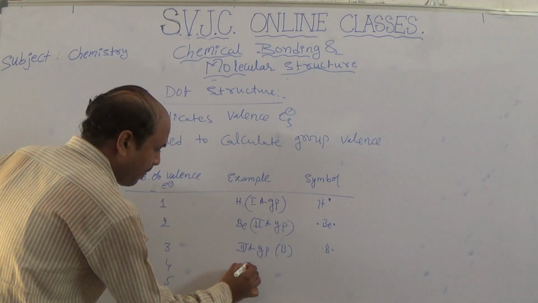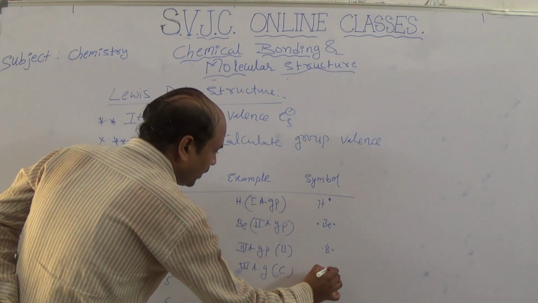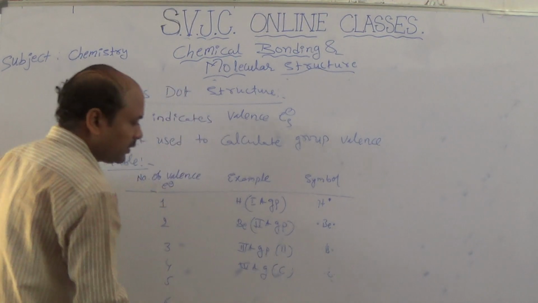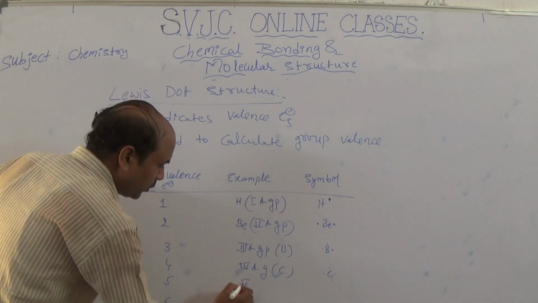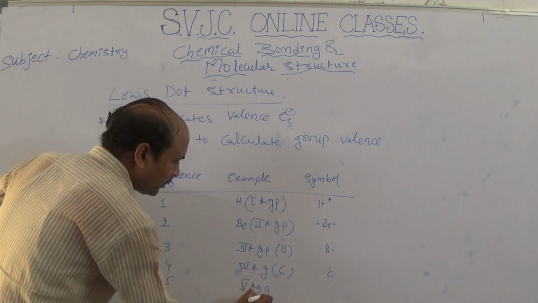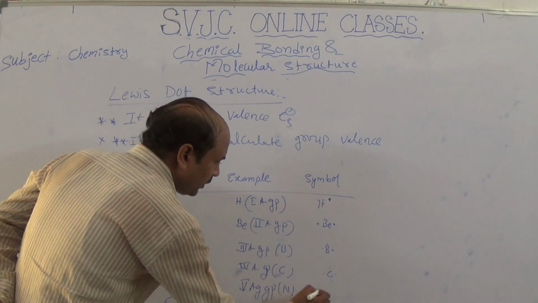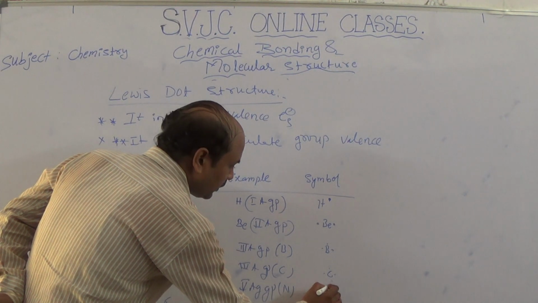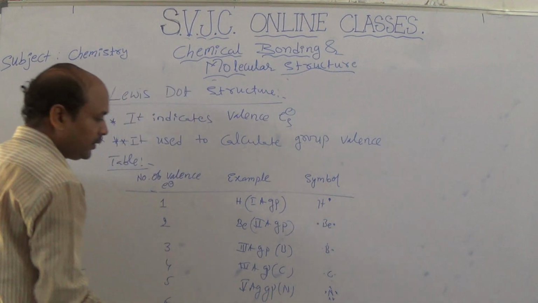Then fourth A group elements, for example carbon, whose symbol has 4 dots. Fifth group elements, for example nitrogen, whose Lewis dot symbol is like this.